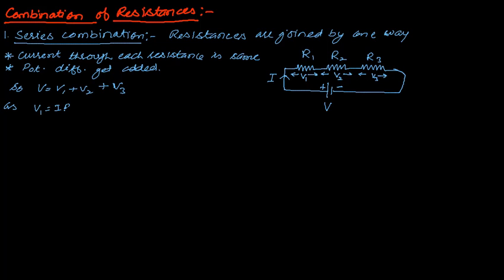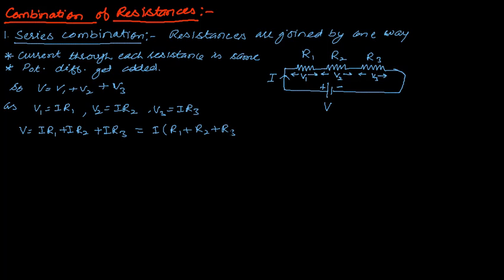As V1 is equal to IR1, V2 is equal to IR2, and V3 is equal to IR3, using this we can write V is equal to IR1 plus IR2 plus IR3. That is equal to, keeping I common, I times R1 plus R2 plus R3. So this is equation number 1.